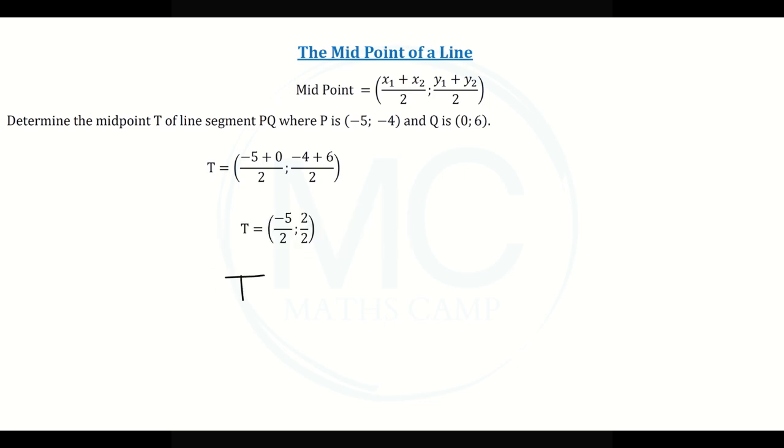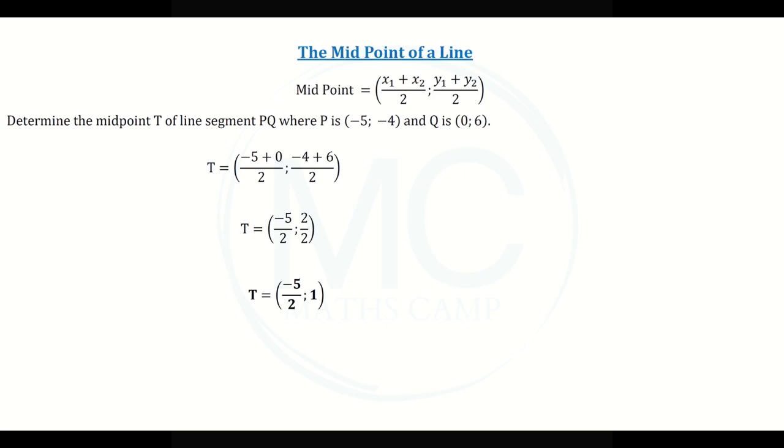So we say T is equal to, let's open a bracket, -5 over 2 cannot be simplified. So the x-coordinate of T is -5 over 2. But 2 over 2 is actually 1. We can say 1 and close the bracket. So the midpoint T has coordinates -5 over 2 and 1.